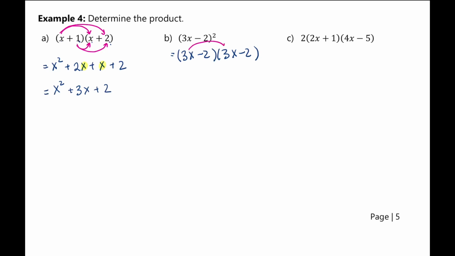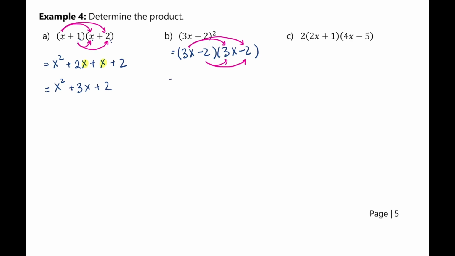So we have first term first, second term here, these two here, like that. So let's expand it. We have 3x all squared plus 3x times negative 2. Okay, so this is negative, this is negative, so we have to multiply the negative 2 here, plus second term and the first one here.